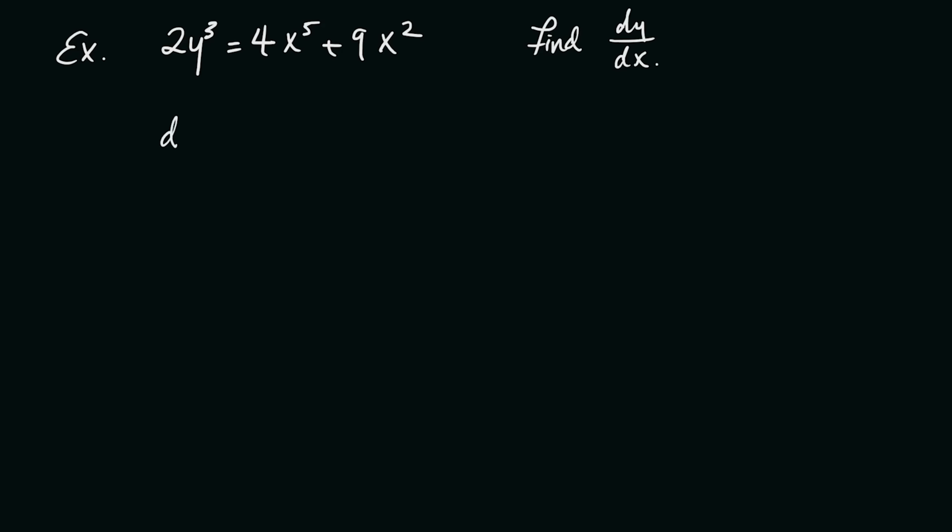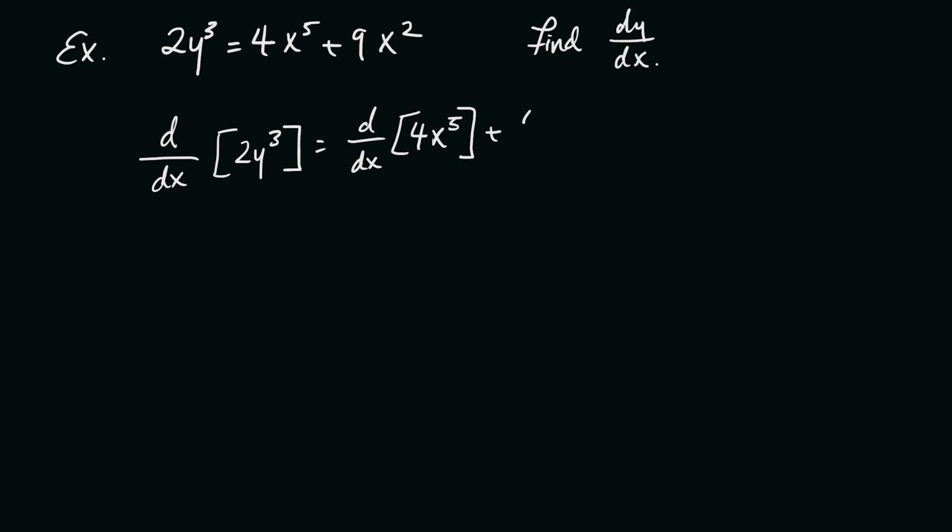So let's take the derivative of 2y cubed equals the derivative of 4x to the fifth plus the derivative of 9x squared, right?